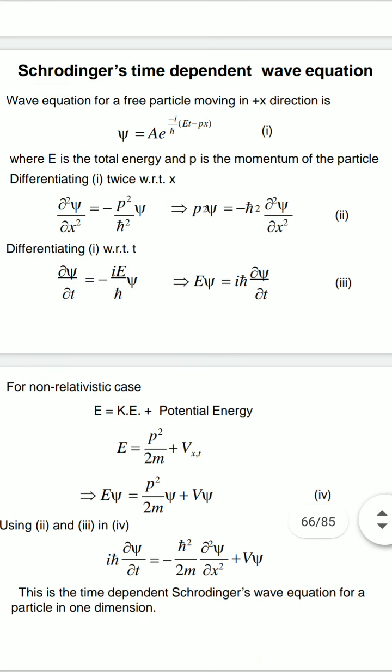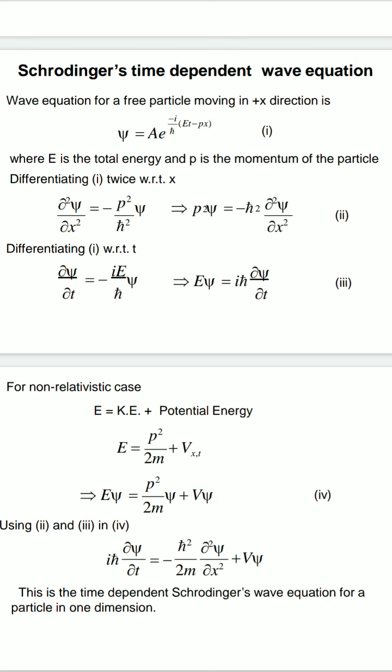Now when we take the non-relativistic case, total energy is kinetic energy plus potential energy. So it is p square by 2m plus V. p square by 2m is half mv square itself, which is kinetic energy.